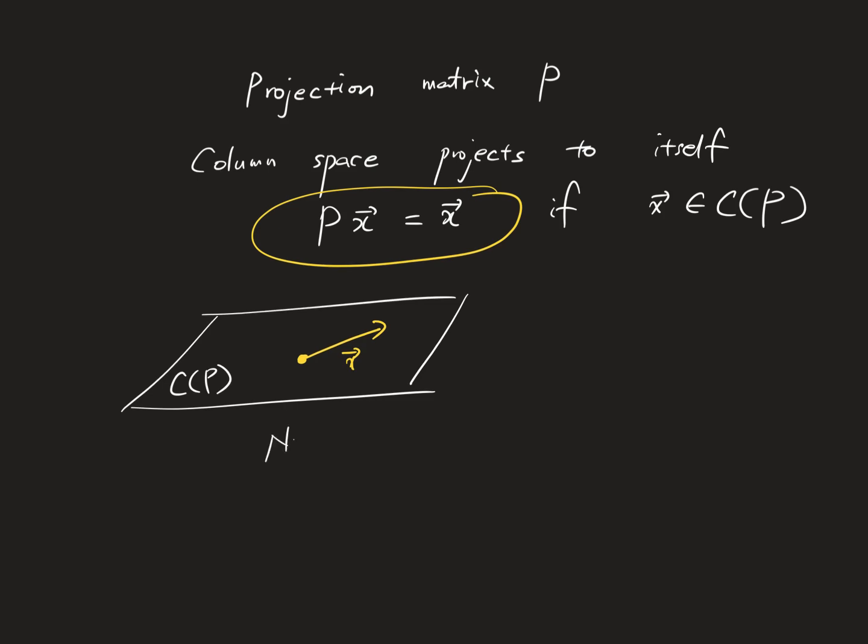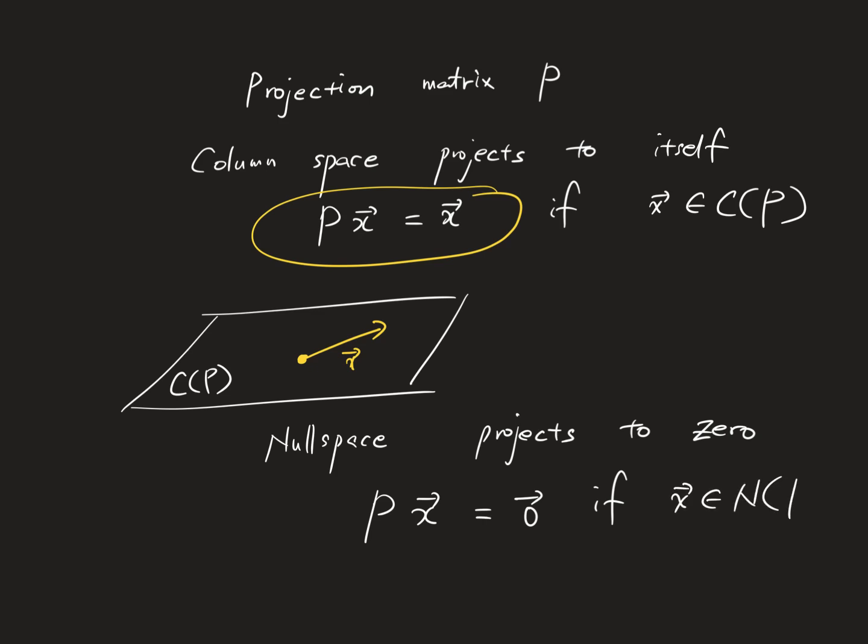But the null space of P projects to 0. So Px will be the 0 vector if, by definition, the x vector is in the null space of P. Well, this is rather obvious.